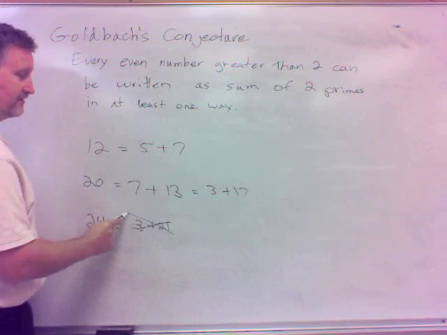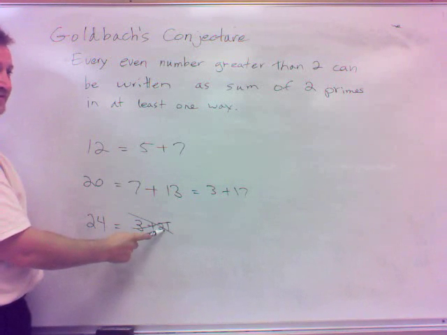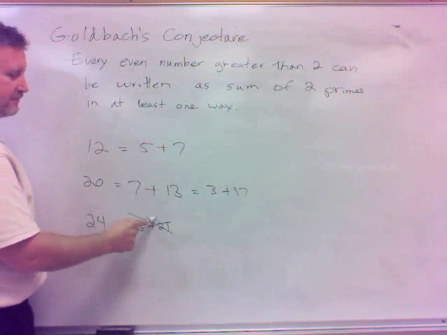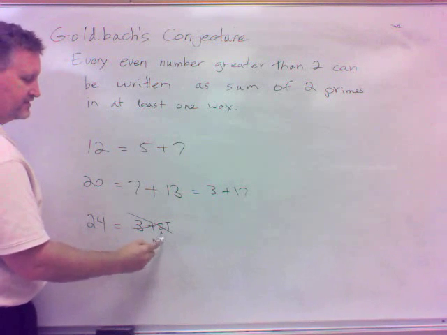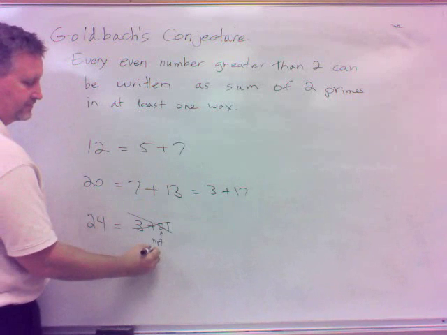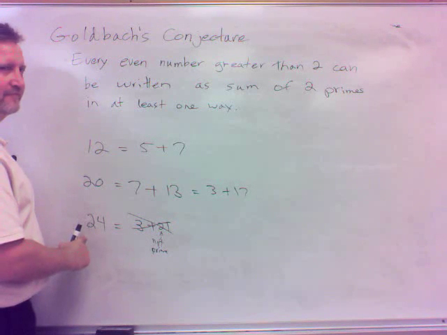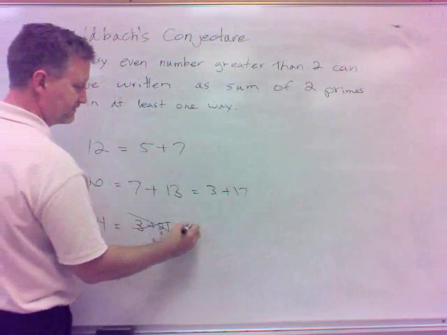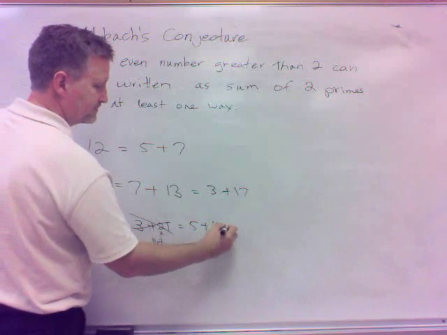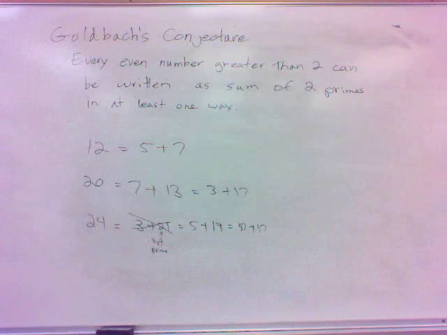That doesn't show Goldbach's conjecture because we're talking 2 primes. Is 21 prime? Just be careful when you're doing these, because they'll say verify Goldbach's conjecture for such and such a number. Be sure you get 2 primes there. How could I do it better? 19 and 5, okay. 17 and 7. 3 and 21 doesn't work. Just be sure you get 2 prime numbers there.